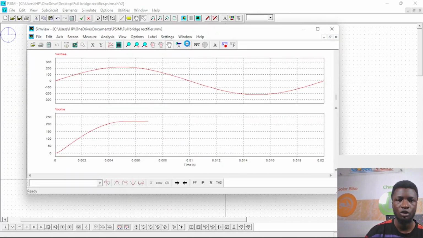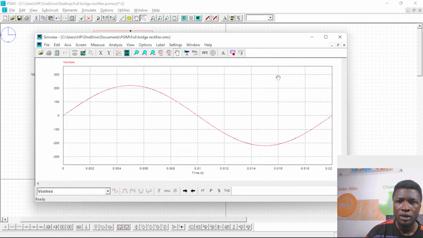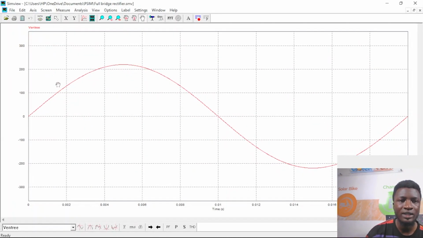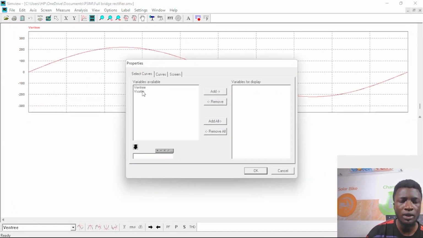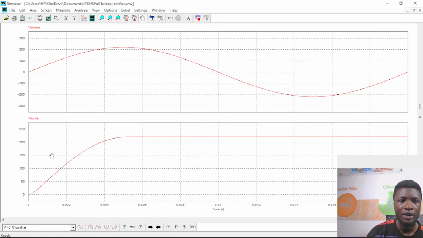So we can now visualize again the input voltage, which is still alternating, but when you look at this side, the output voltage, you can see now we have filtered out the ripple and now we are getting a direct current. So this is basically how the redresseur works, or the rectifier.